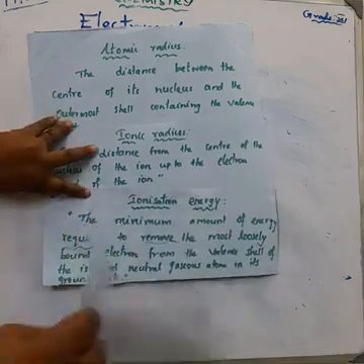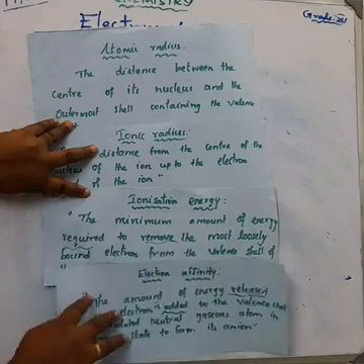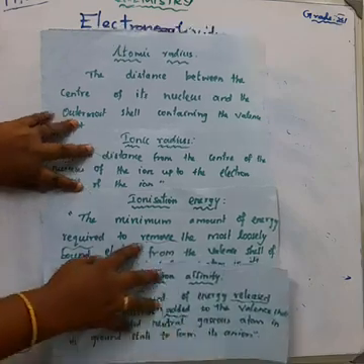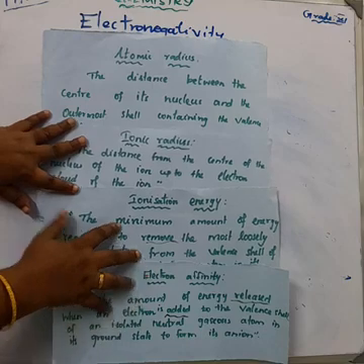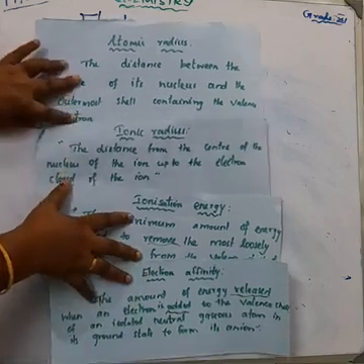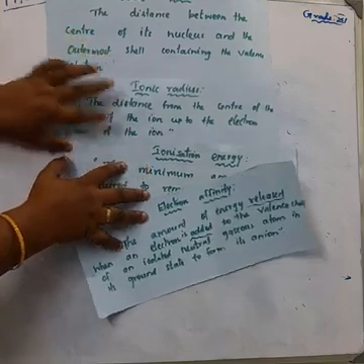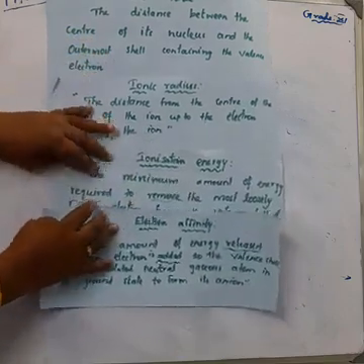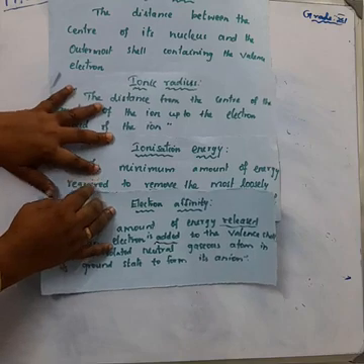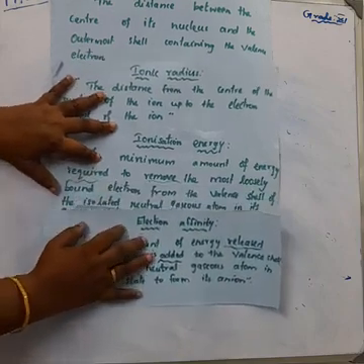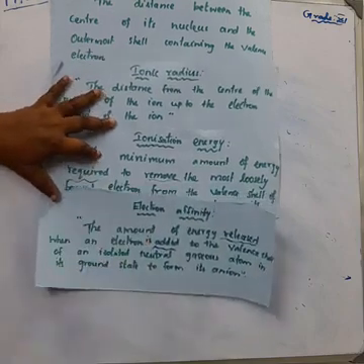What do you mean by atomic radius? Atomic radius is the distance between the center of the nucleus and the outermost shell containing the valence electrons. Atomic radius may be referred to as covalent radius or metallic radius. Understood?